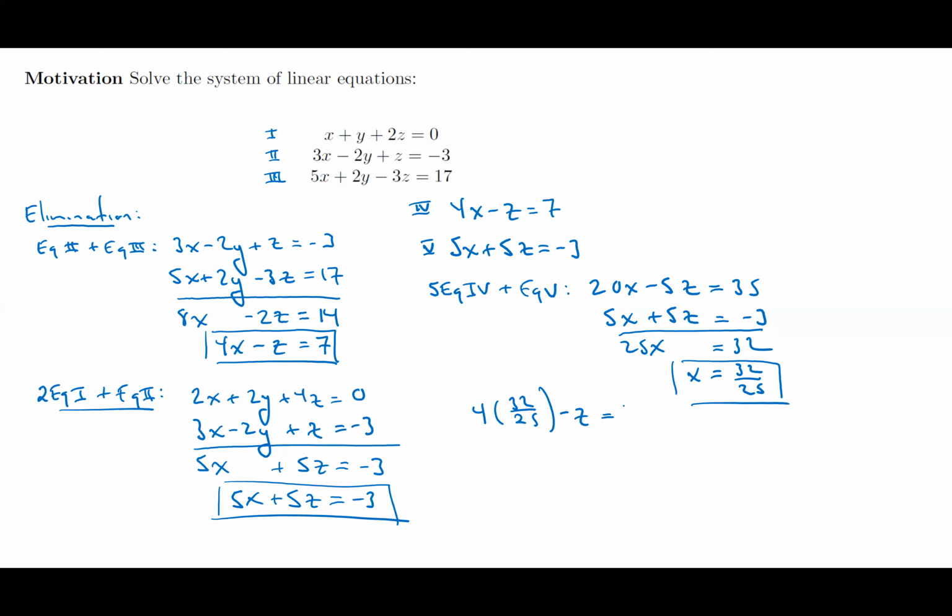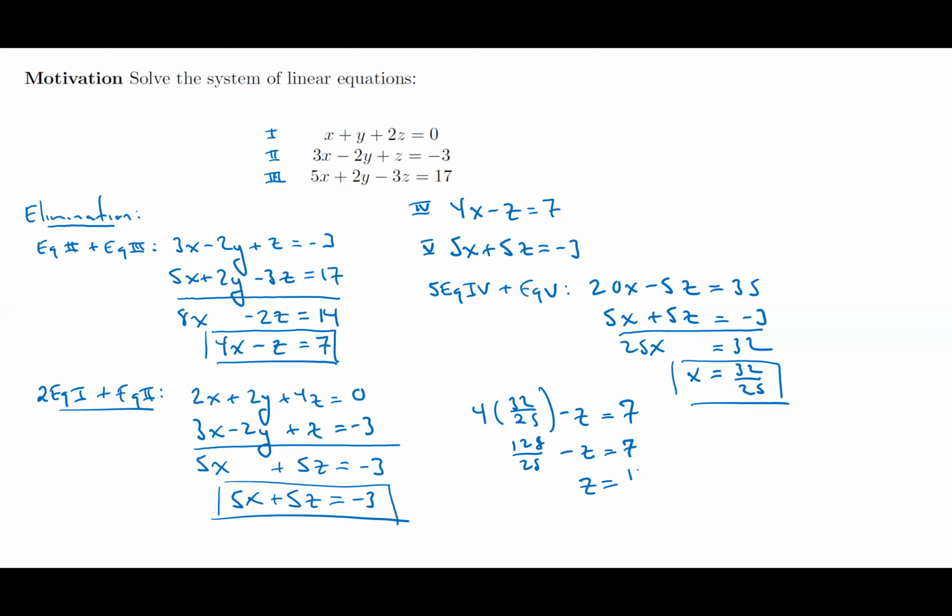minus z equals 7. Go ahead and solve this for z, and I'll do this in all of its glory. So let's see, 128 over 25 minus z equals 7. So what is z going to equal?